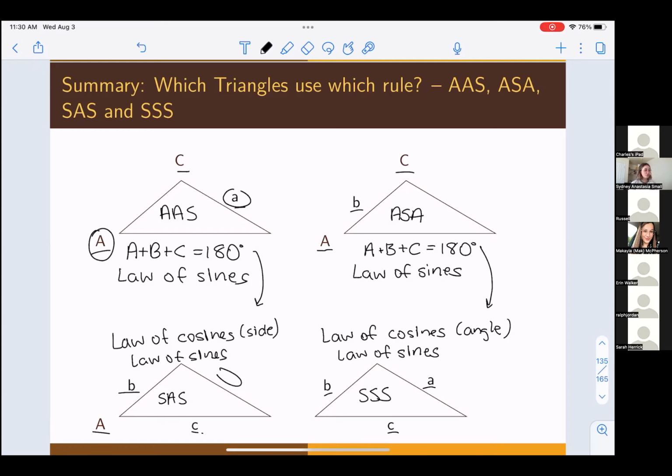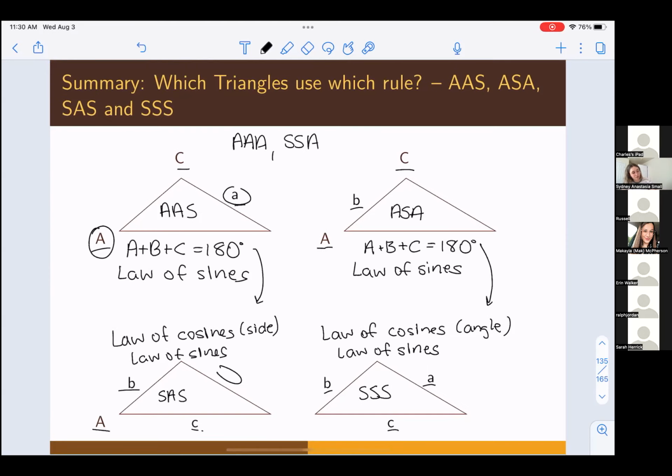Now, there are two types of triangles left that we have not yet approached. These are angle, angle, angle, and side, side, angle. We'll see some side, side, angles on the next slide. However, just to address angle, angle, angle for a minute, we will never have to solve an angle, angle, angle triangle, and that's because it's physically impossible. Think about drawing any triangle, and all you know are its angle measures.